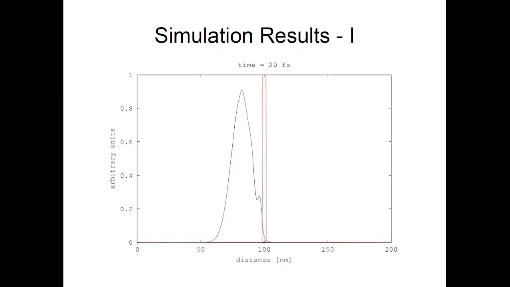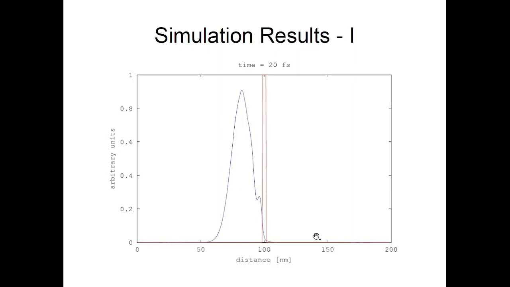After 20 femtoseconds, after running the Euler method and reaching 20 femtoseconds as final time, we observe that the wave function doesn't really look like the Gaussian that it was at the beginning. It has one peak here, and there is a little bit of tunneling through the barrier.